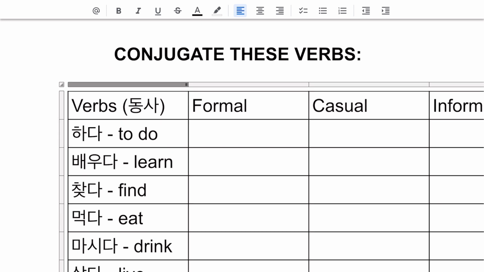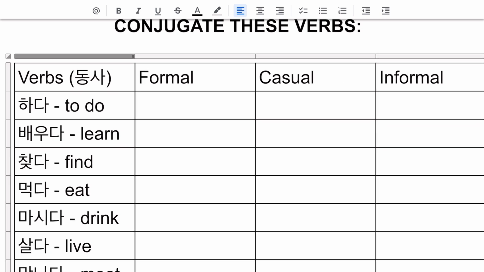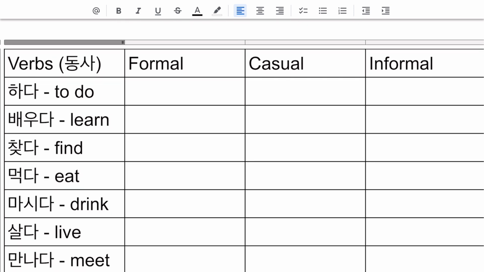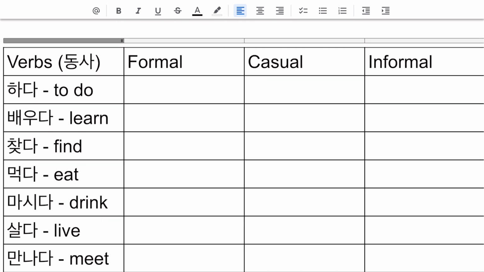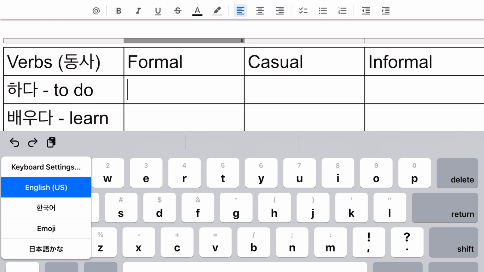All right, so I took some time to write out a list of 20 different verbs. I'm going to conjugate a few in this video, and then in the lesson you can go back and conjugate the rest of them for yourself. But what I'm going to do first, 하다.